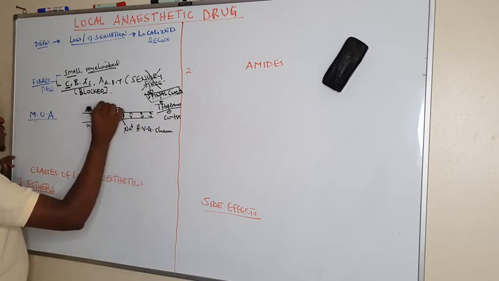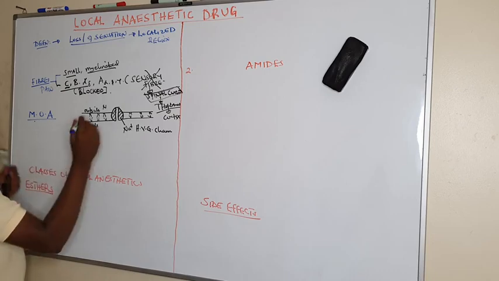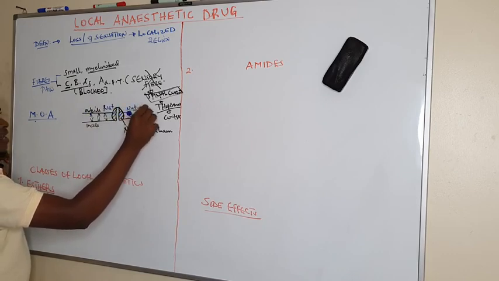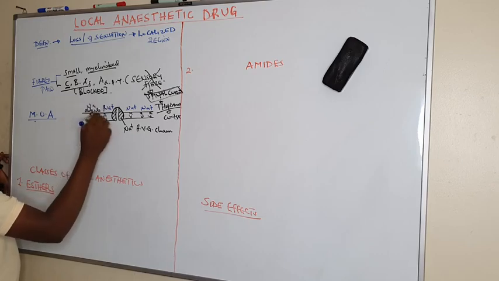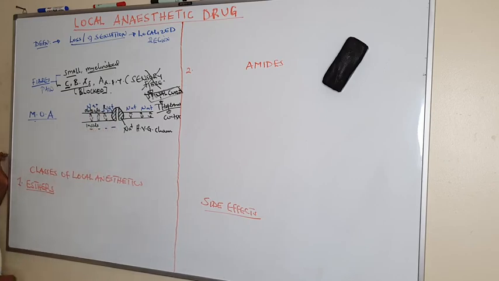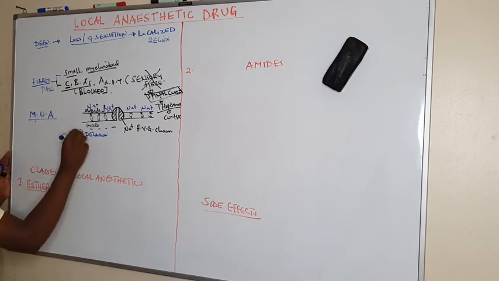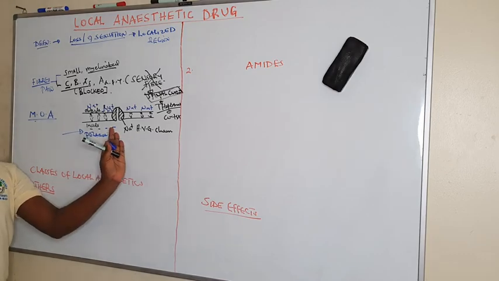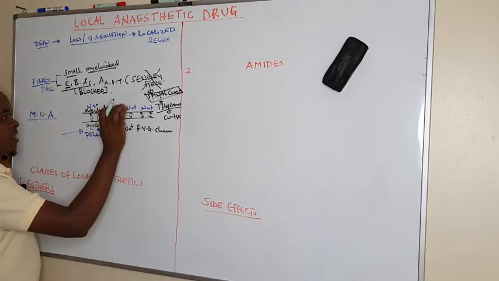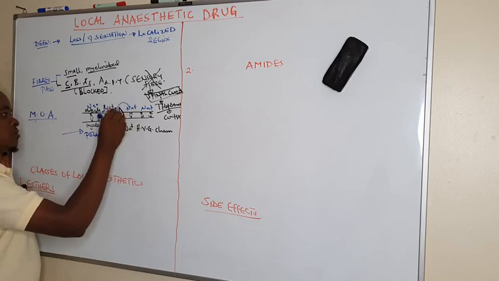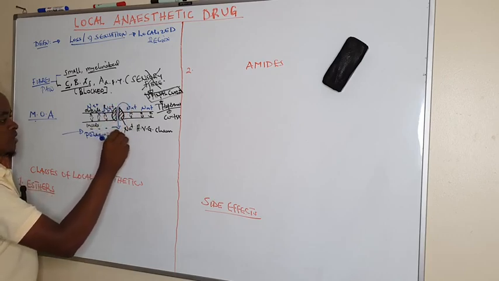Outside of the cell is where we find much of the sodium ions. Under the polarized state, outside the cell is positively charged and inside the cell is negatively charged. This is what we call polarization. Then when an impulse arrives at this neuron, it opens the gate of the sodium channel, leading to influx of sodium ions into the cell.